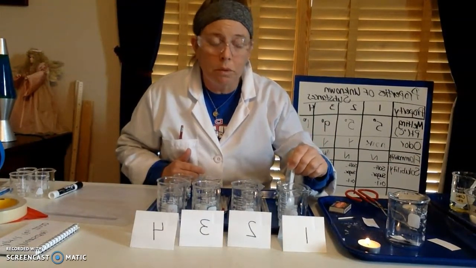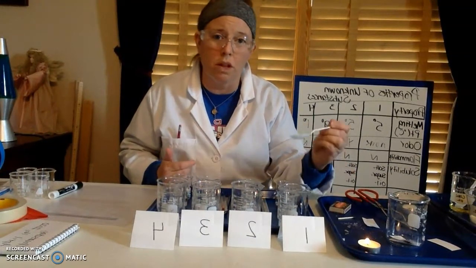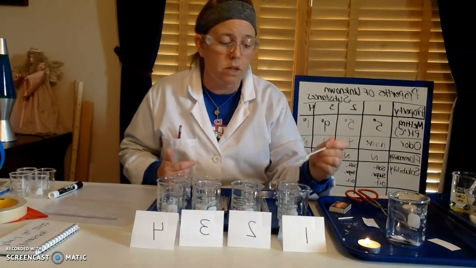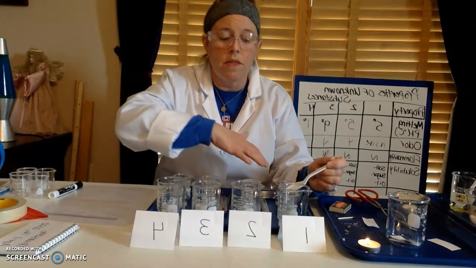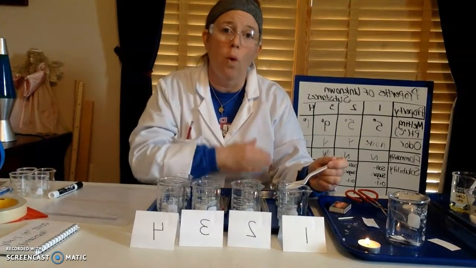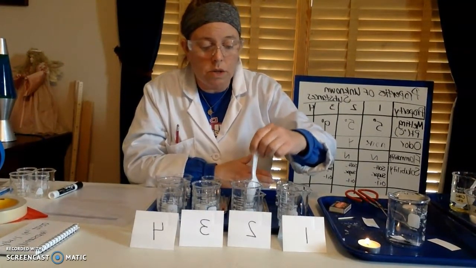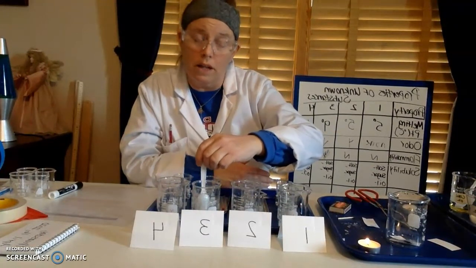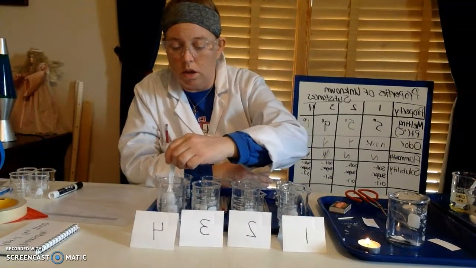So what I did before videoing this morning was put a level teaspoon, a plastic spoon, of salt in each of the substances, and then I put sugar, and then the corn oil. And I'm just going to quickly report because I don't have a lot of time on my video.